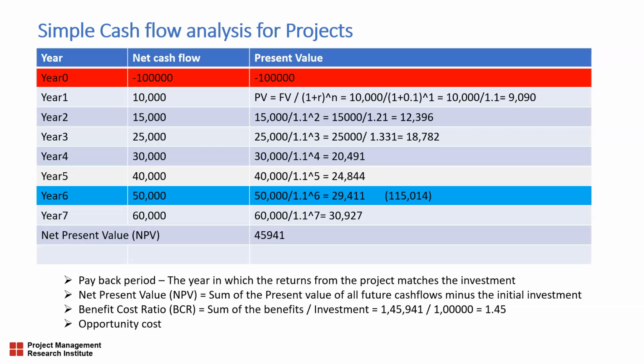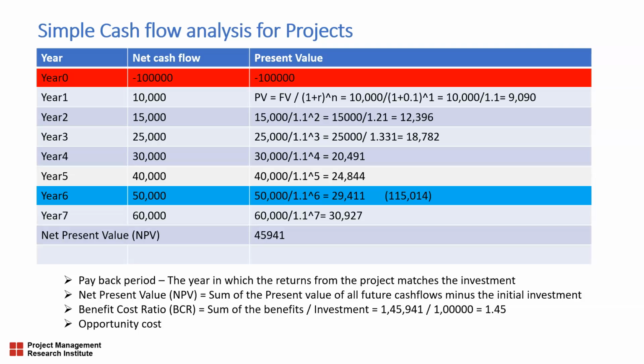So we discussed cash flows, future value, present value, net present value, benefit cost ratio, payback period, and the opportunity cost. As a project manager, one needs to understand this much in order to communicate with professional accountants.